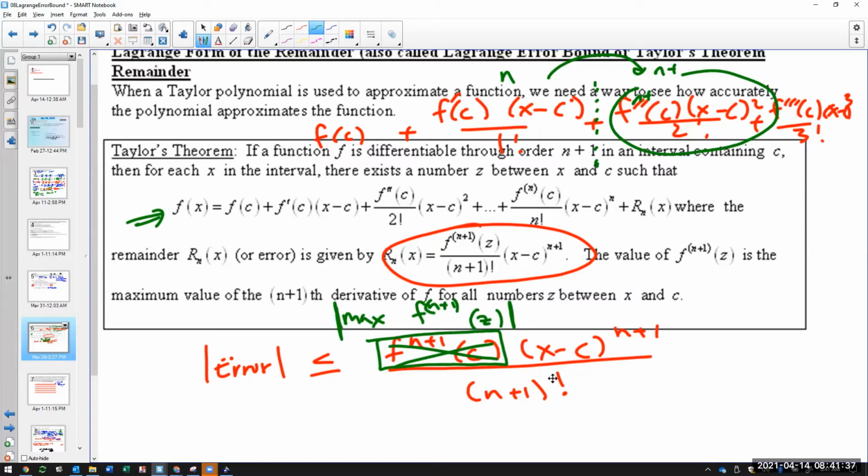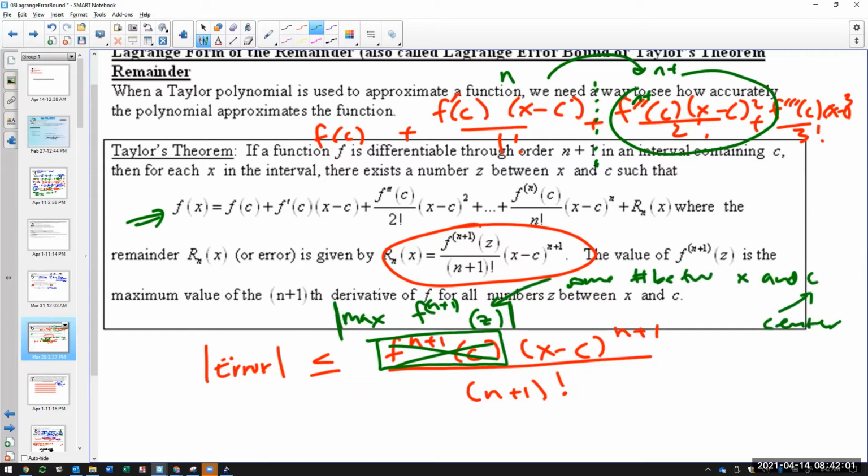But not only do you go to your next term now, this number changes when you evaluate your error. This is the maximum that your next derivative could be at Z. And Z represents some number between X and C. And what is C? C is your center, so that's super easy.